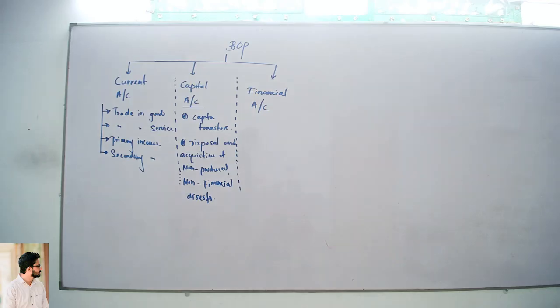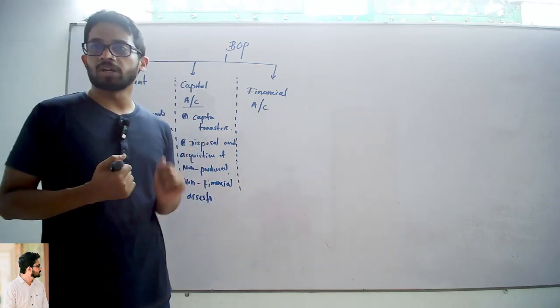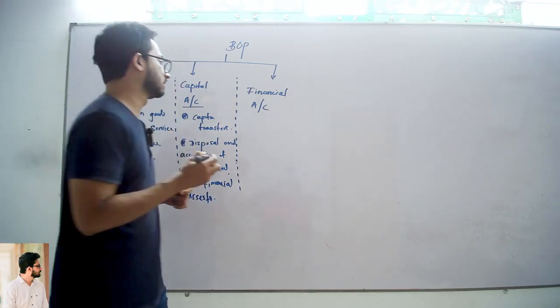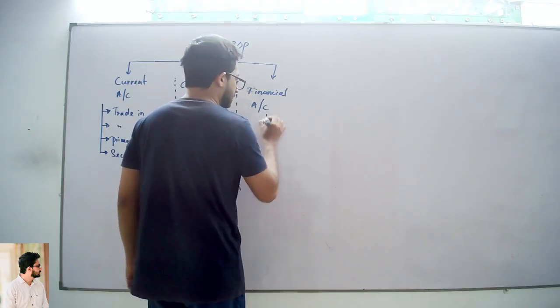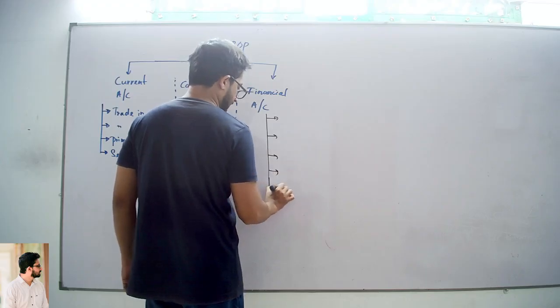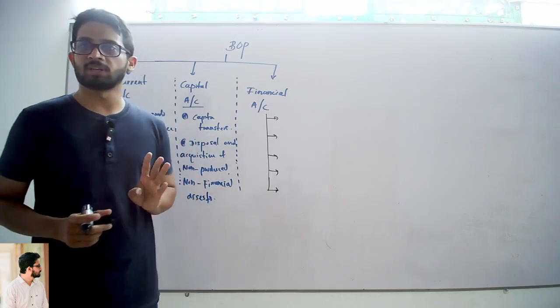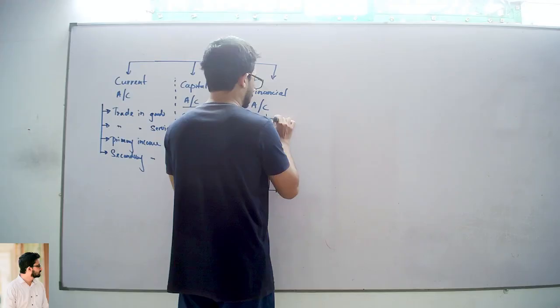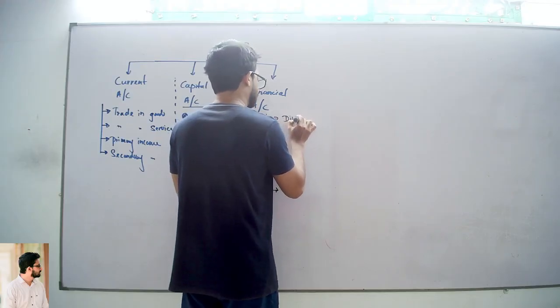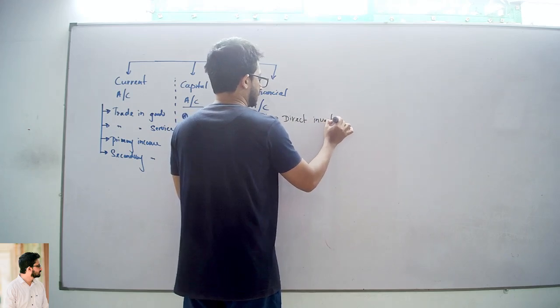When it comes to the financial account, there are five subparts. Five types of transactions are recorded in the financial account. It's easy to remember. Three types of investment. Number one, direct investment.